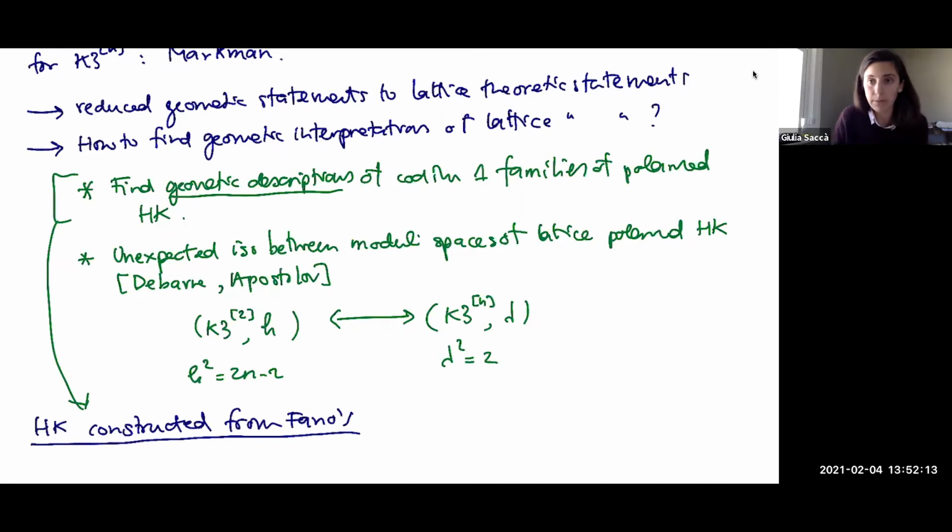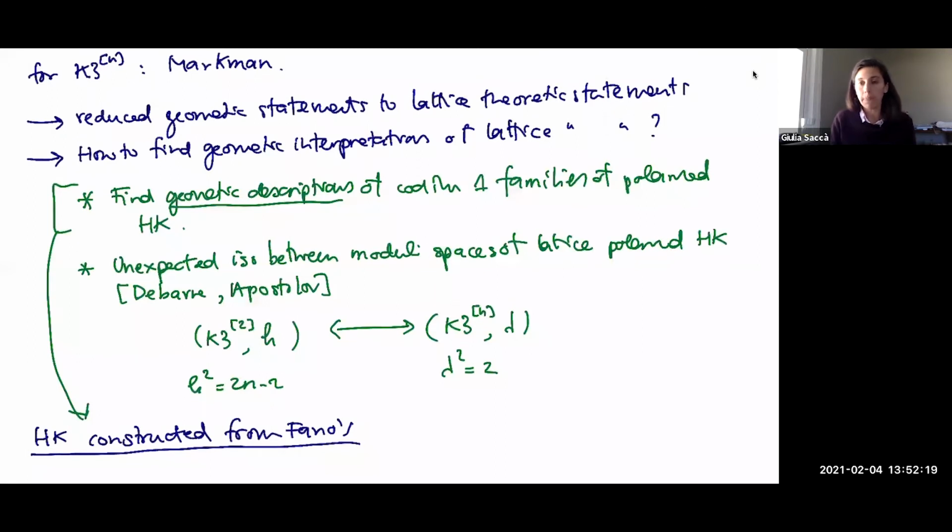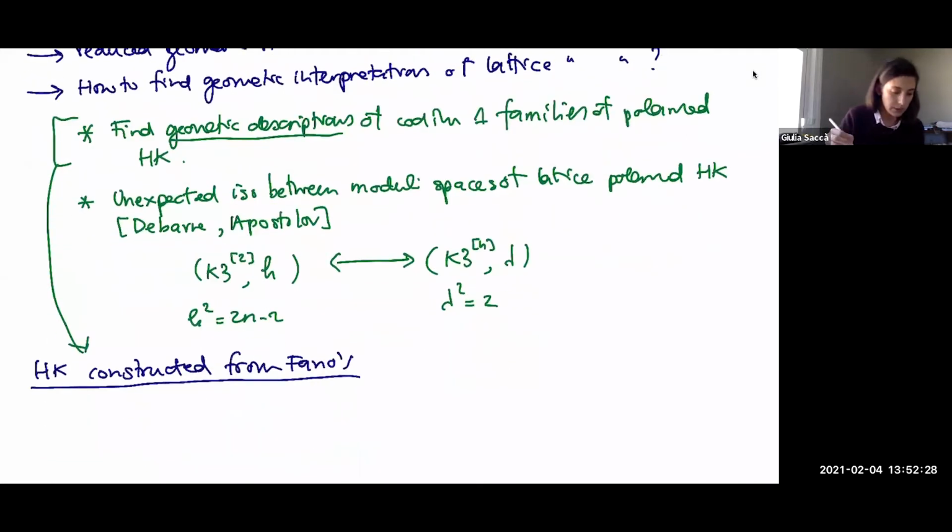Let me remind you of some examples of this and why they give you full families of polarized hyperkähler manifolds, differently from what we saw earlier for K3, where you only got codimension 2.